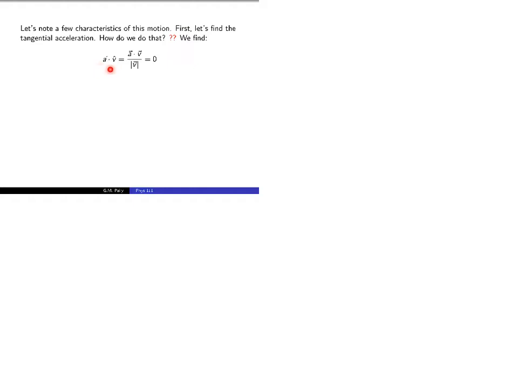But what we find when we do this dot product is that we get 0. So there is no tangential acceleration, and the acceleration is entirely centripetal.